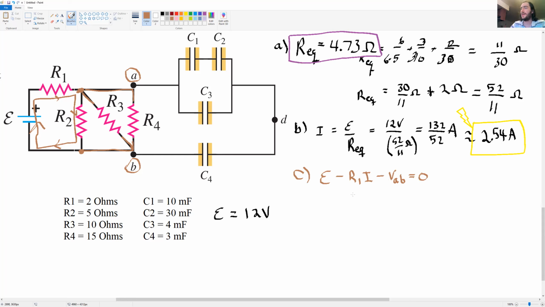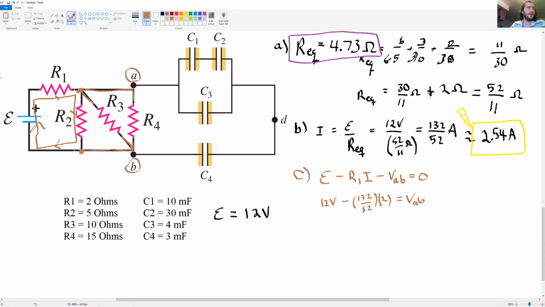Okay, so what it means is that we have 12 volts here, and we subtract off this current that we calculated, 132 over 52 times R1. R1 is 2 ohms. And that is equal to this potential difference VAB here. Okay, so now we need a calculator.